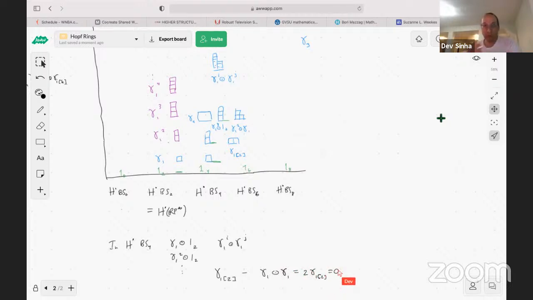So technically speaking, the transfer product from BS2 tensor BS2 to the cohomology of BS4 is not giving us this class in degree 2, but rather the divided power structure. The divided power structure on that transfer product is giving us this class.